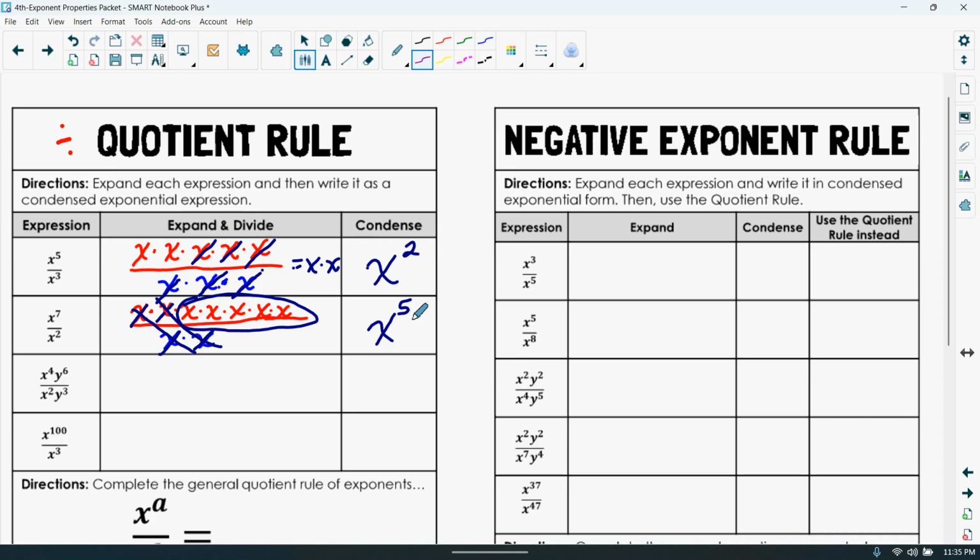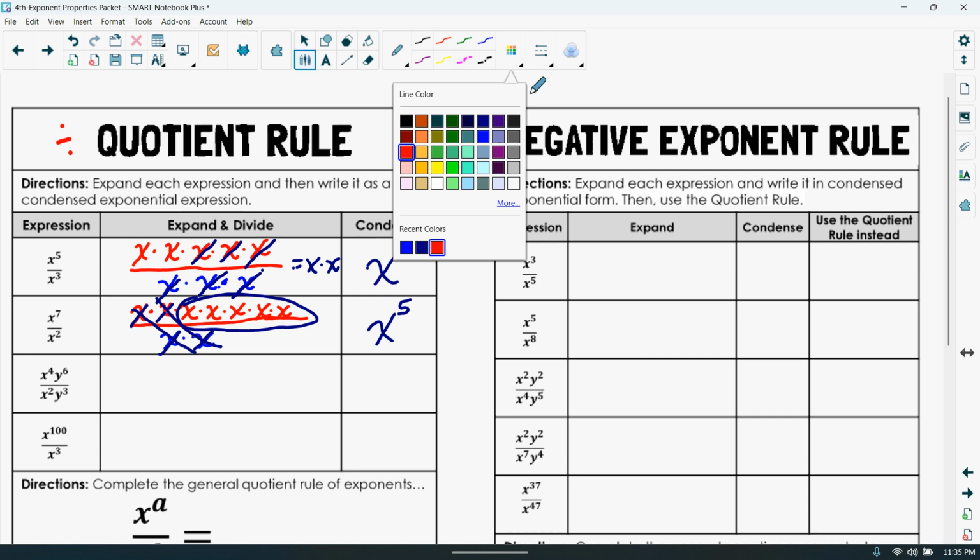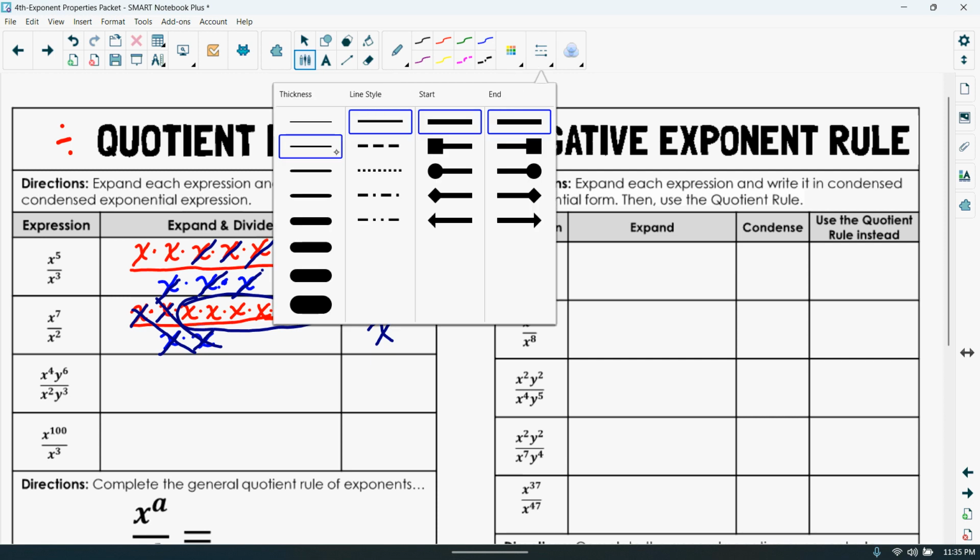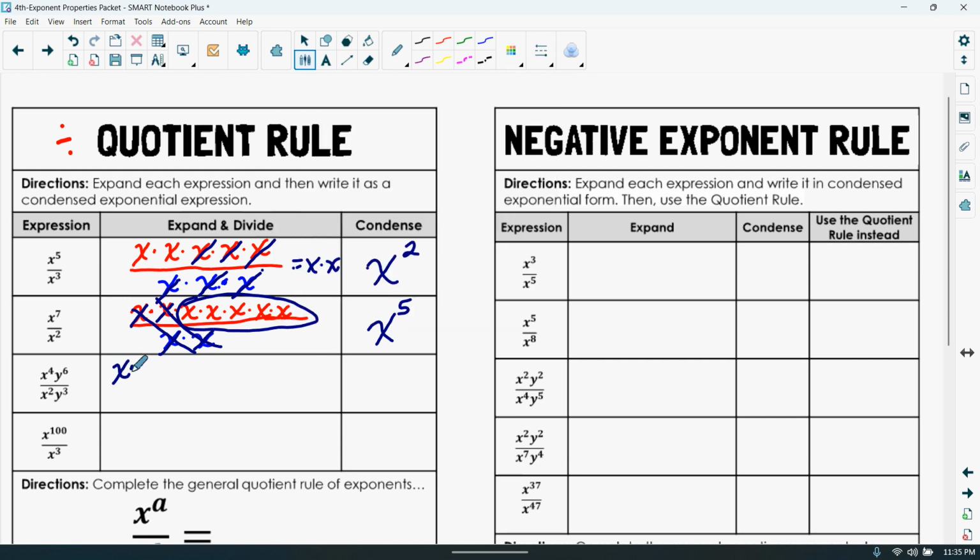So if you have more than one base, more than one variable, you're going to do the same thing. So this is 4 factors of x times 6 factors of y all over 2 factors of x times 3 factors of y.